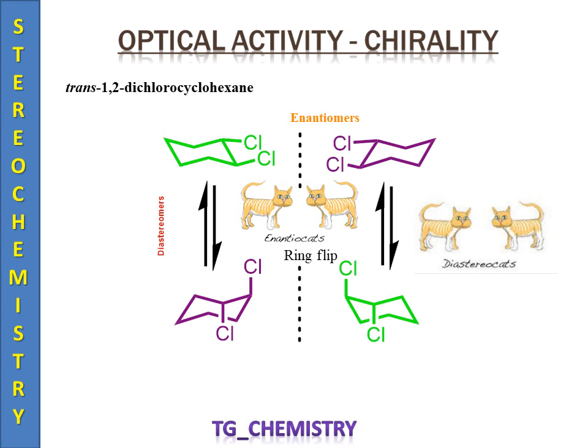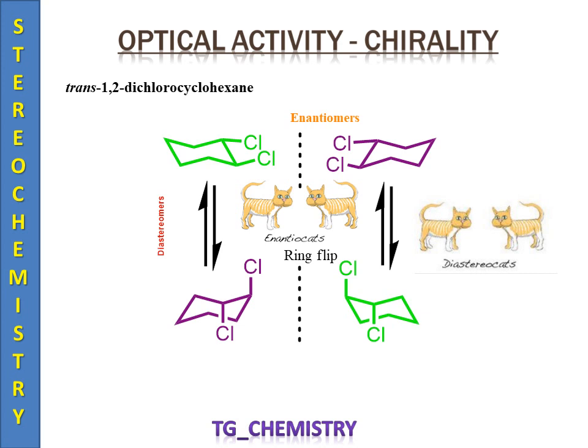Similarly, trans 1,2-dichlorocyclohexane is another example showing enantiomers and diastereomers in terms of concept development. The green isomer and the purple isomer are mirror images of each other. However, they are non-superimposable, as shown at the top. So those two stereoisomers are named enantiomers.